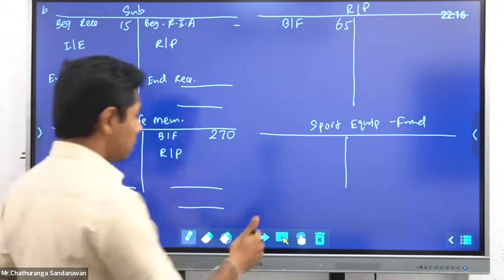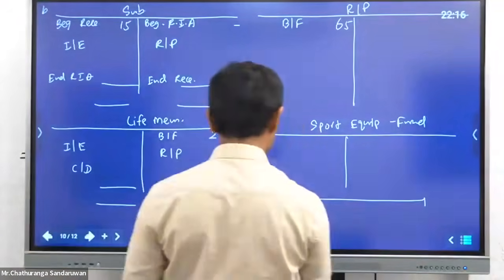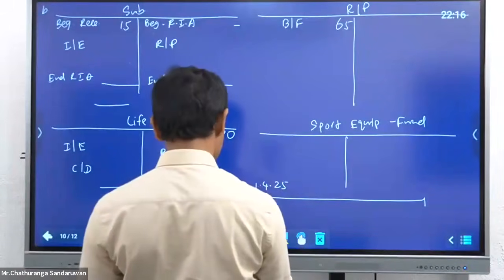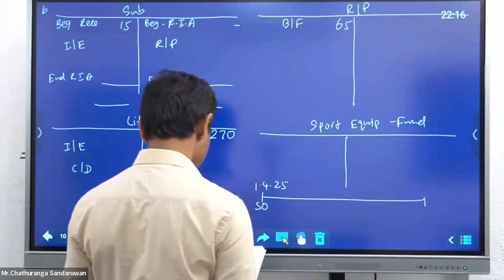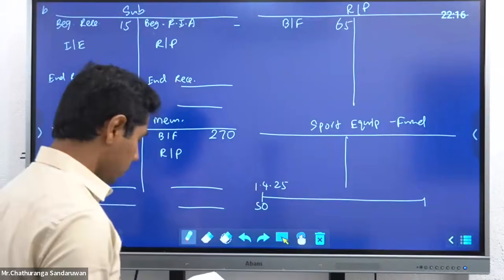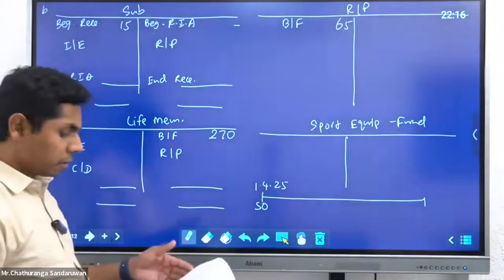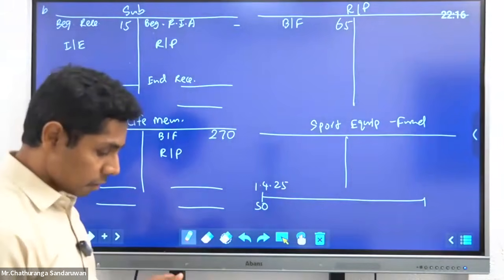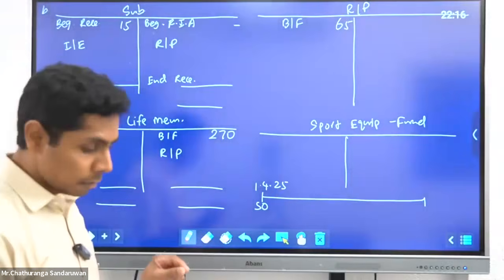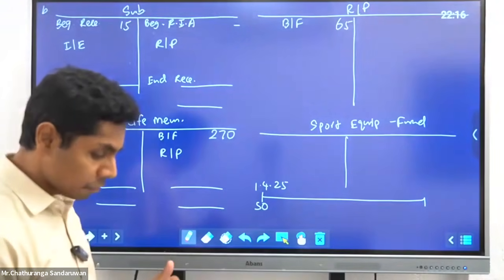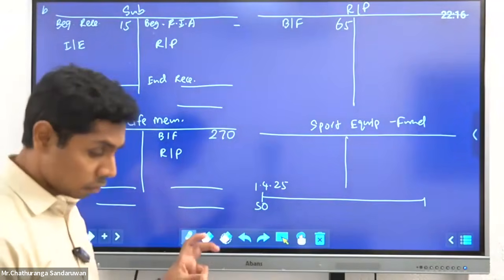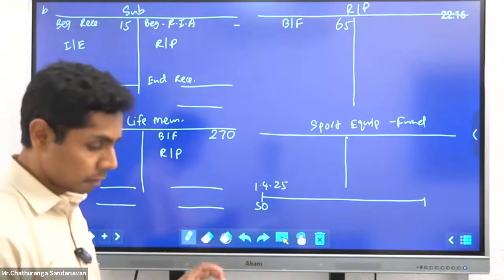They say as at 1st April 25, there were 50 normal members and 10 life members, right? The annual subscription is 3,000, but look at the fifth point.